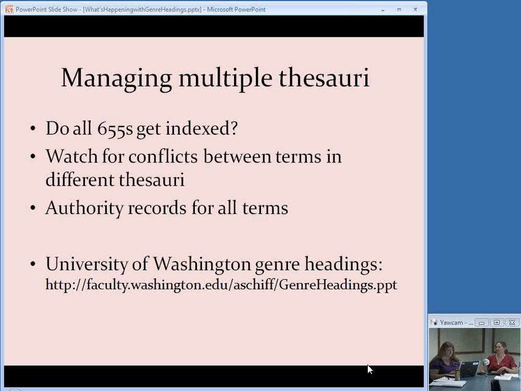It's an older presentation, I think from maybe 2004, so I don't know if this is what they're doing currently, but I thought it did a good job of outlining some of the decision processes you would have to go through if you were going to create a genre index, decide what sources that information was pulled from, and work with multiple thesauri. It's a really good practical source of information.